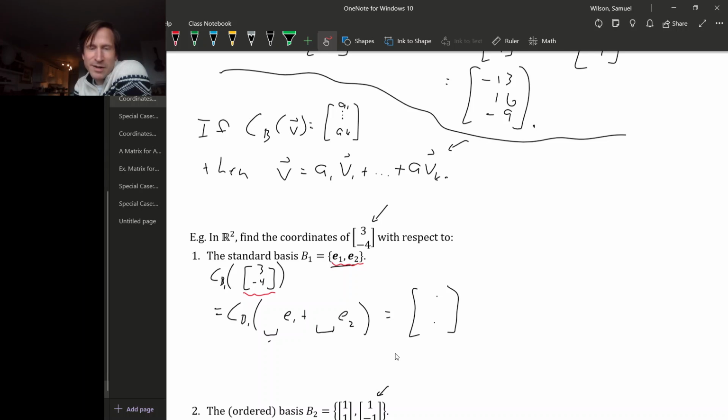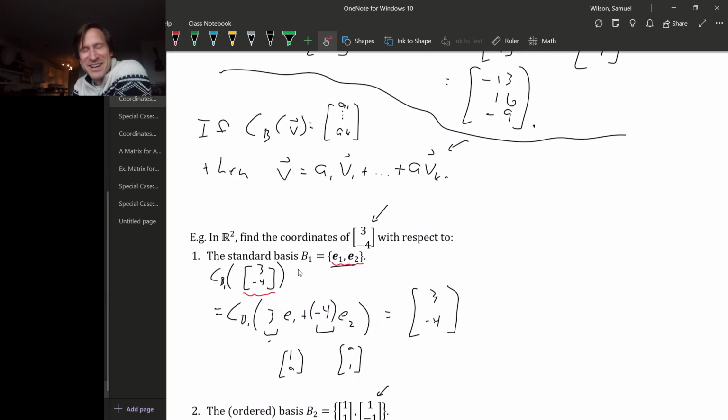For the standard basis in R2, since it's just 1, 0 and 0, 1 in that order, the coefficients are really the same as the entries. So a 3 here and a minus 4 there. The coordinate vector will just have these entries, 3 and minus 4.